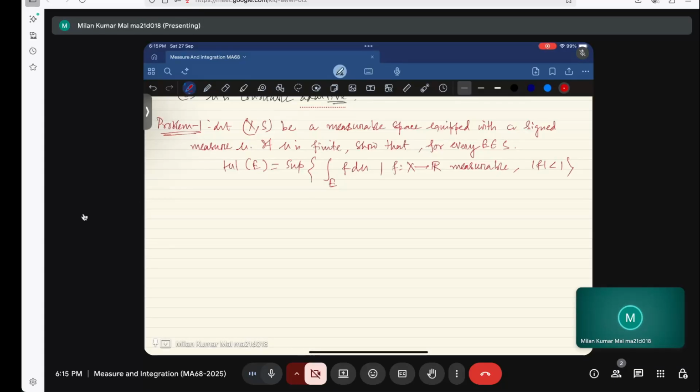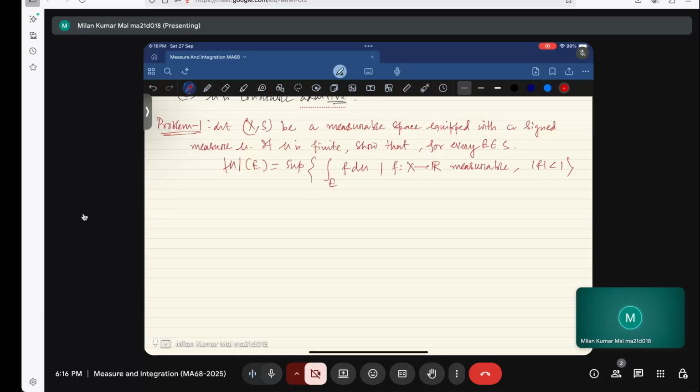That is the question. What is mod of mu? That I'll also define. Mod of mu is equal to the supremum of integration over E of f d mu, where f is a measurable function with mod of f less than or equal to 1. So this is the first question.